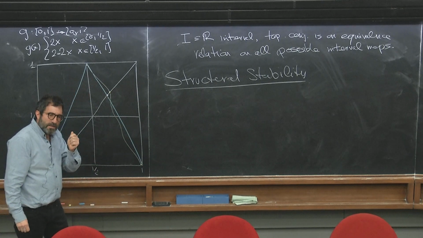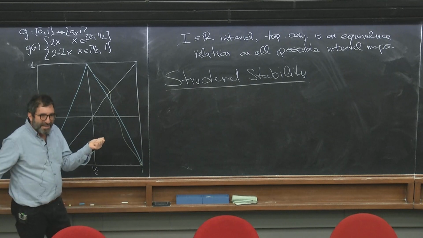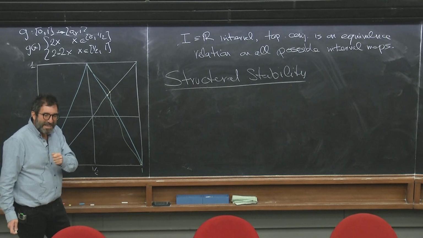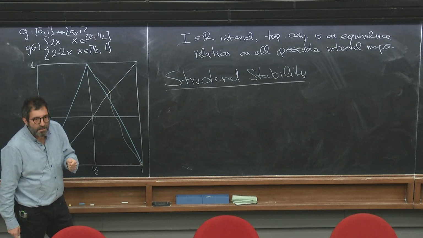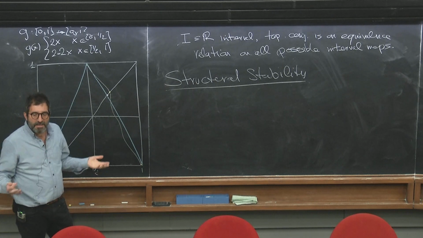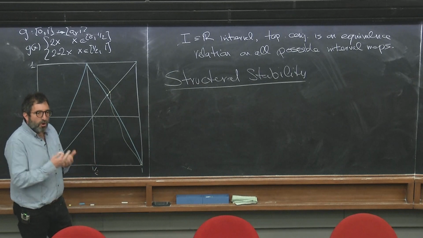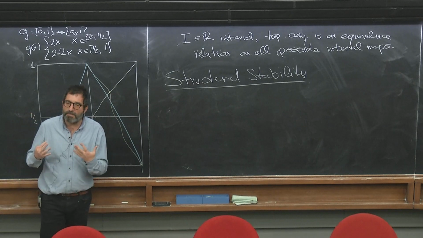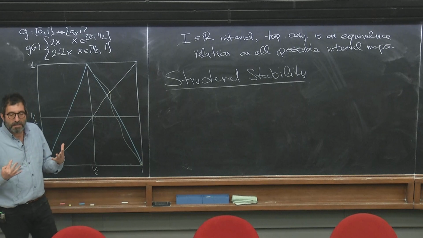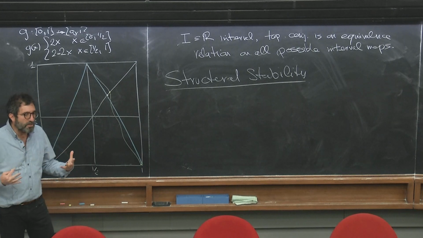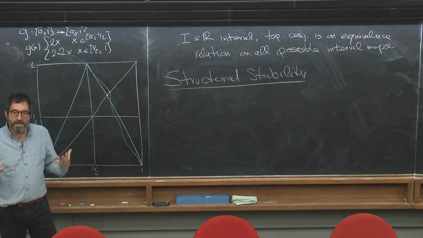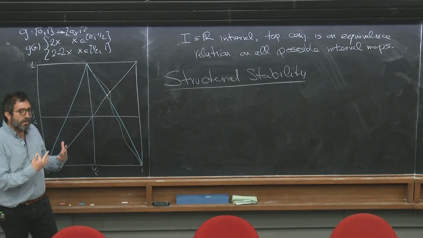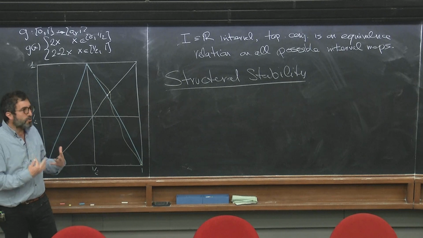And the question is, have I made a big mistake or a small mistake? If I use a model that is almost correct, does that completely invalidate my conclusions, or is the dynamics of this nearby model very similar? This is a fundamental question that can be tackled in many different ways and can give many different answers. But this is one way to think about it and to talk about it.